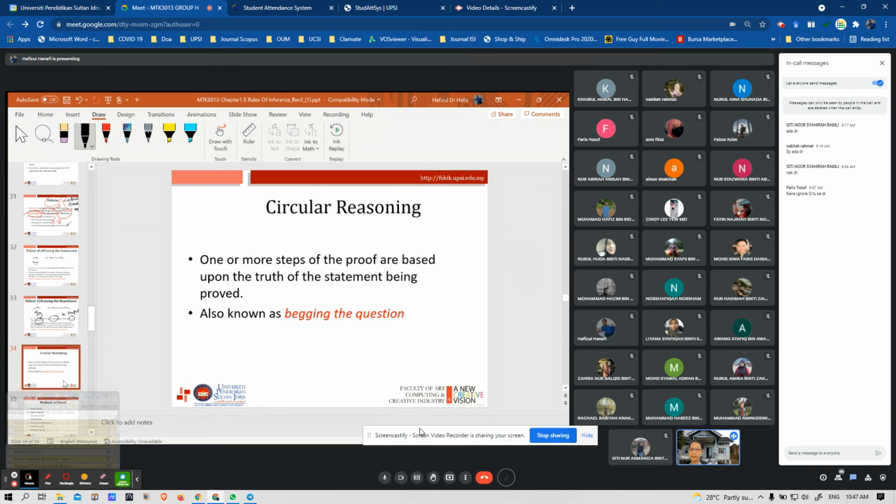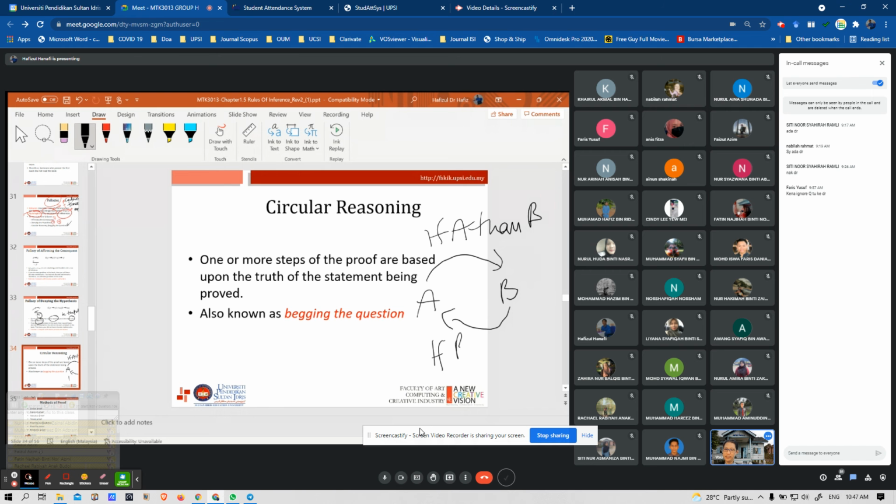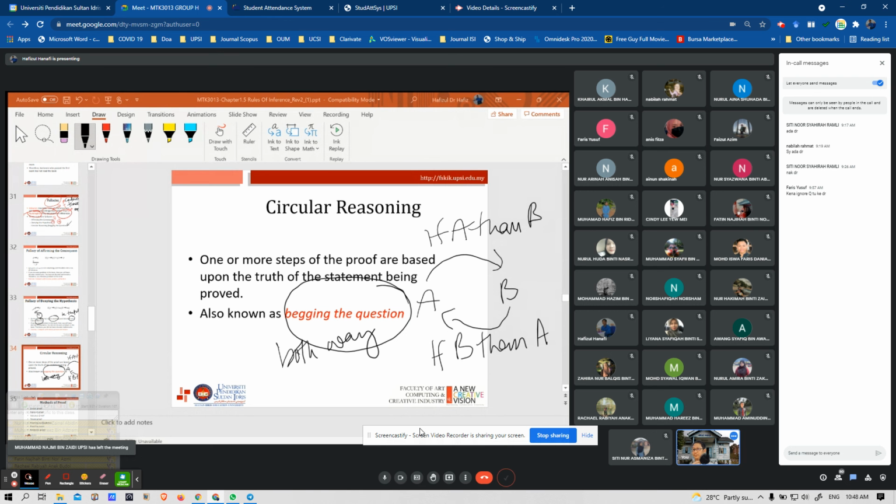For example, if we have A and B, we say if A then B. You can say also if B then A. Okay, we beg the question both ways, either A or B. Begging the question, we can request either one.